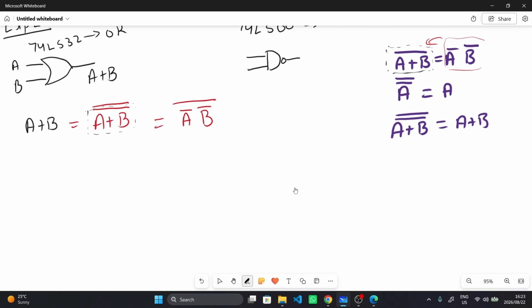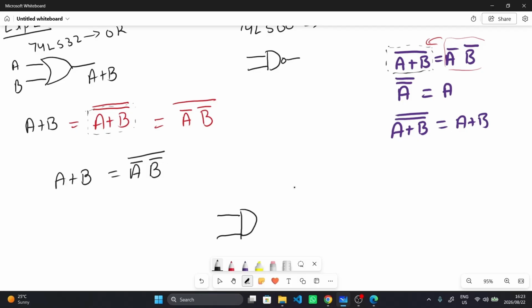And so that means our equation is A plus B, which is the same as A complement times B complement, right? And then this equation will be its representation. First you have a big NAND gate, right?